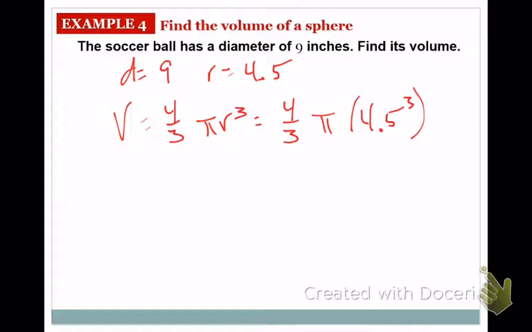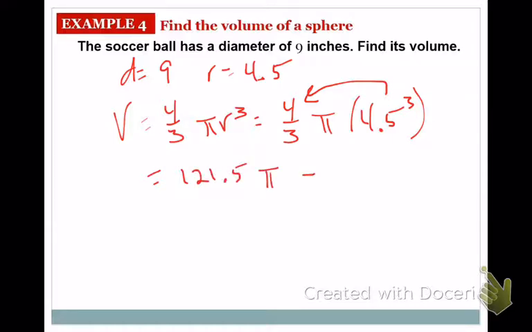Now, we want to multiply that out. So we go 4.5 cubed, and then to multiply that out, we're going to multiply by 4 and then divide by 3. And the volume ends up being 121.5 pi.